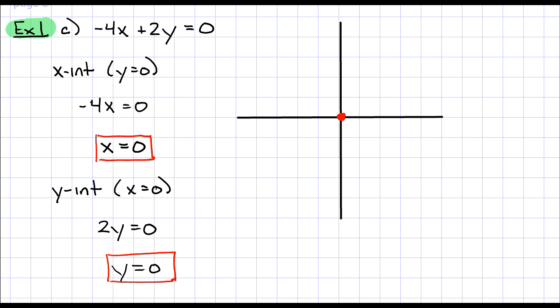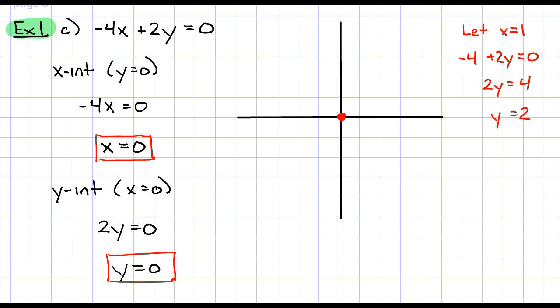Fortunately, we can still get a sketch of the graph just by finding any other point on the line. So as an example, let's say we wanted to find the point on the graph where x was equal to 1. Plugging that into the equation that we were given, we would have minus 4 plus 2y is equal to 0, which is the same thing as 2y equals 4, or y equals 2.